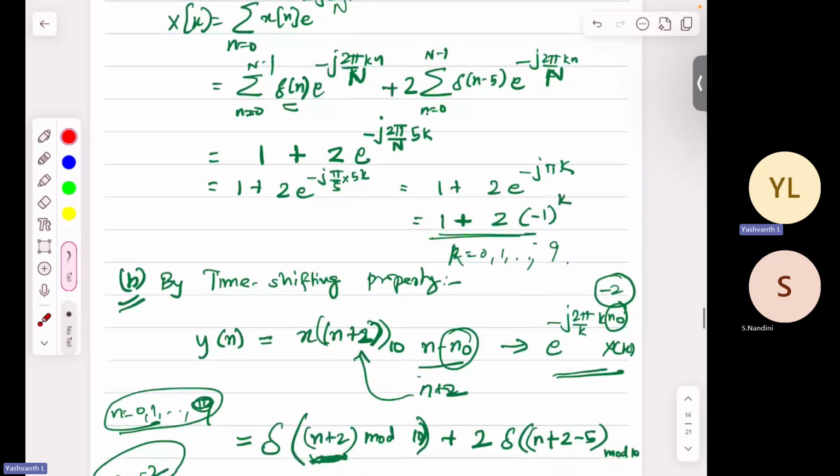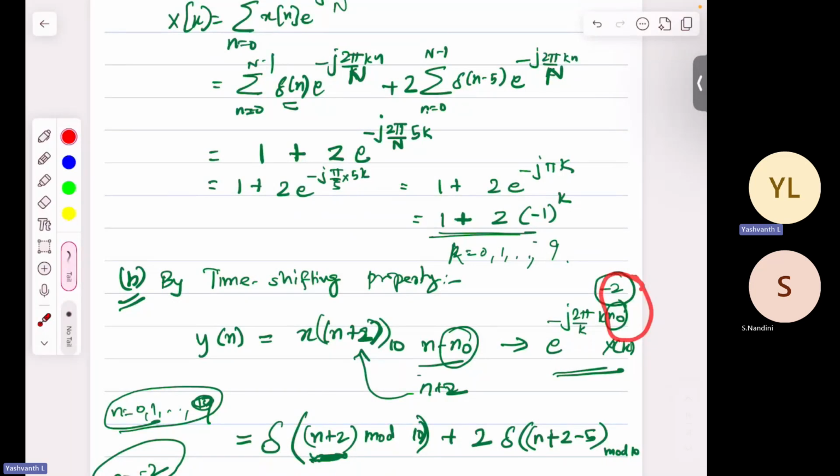Therefore, your n naught is minus 2. Therefore, it is nothing but x of n plus 2 in mod 10. That is, n naught is minus 2, so n minus n naught becomes n plus 2 mod 10. Therefore, essentially, your y of n is nothing but an advanced version of your x of n modulo 10.